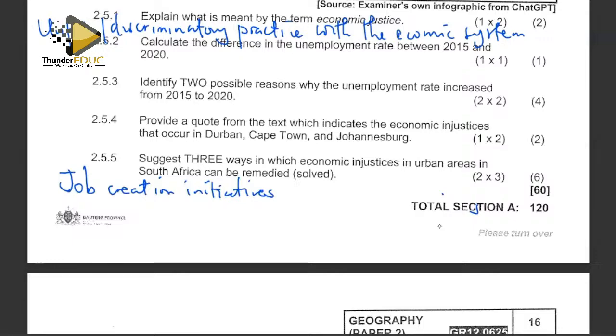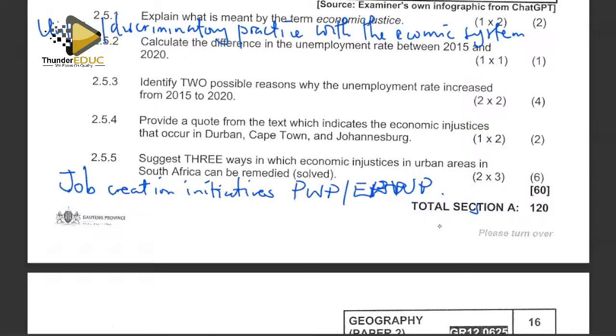For example, you can talk of the public works programs or the expanded public works programs, the EPWP. That can be an initiative by the government to try and solve the injustice of unemployment by trying to create low skill jobs for the people who are unemployed.